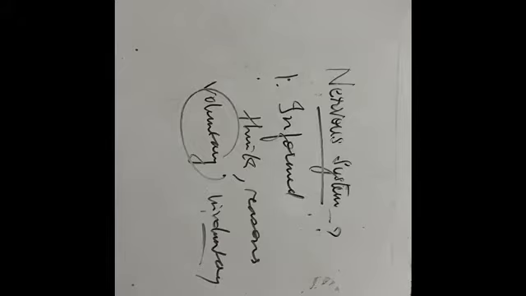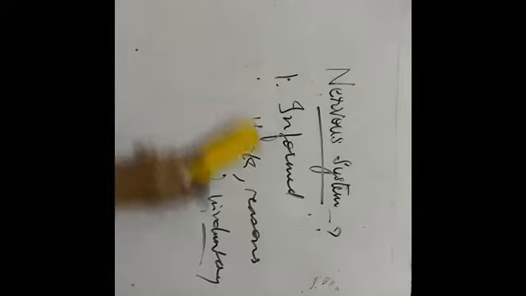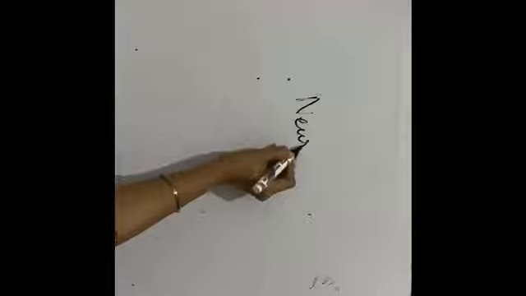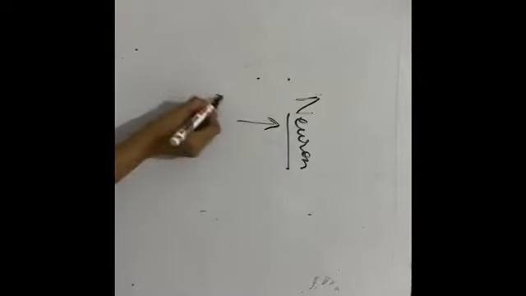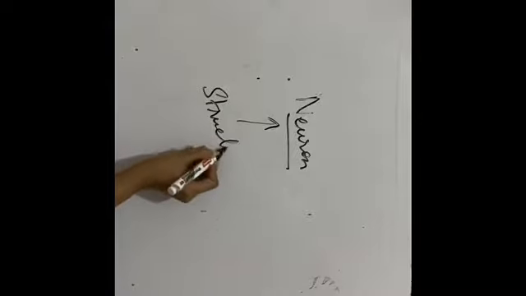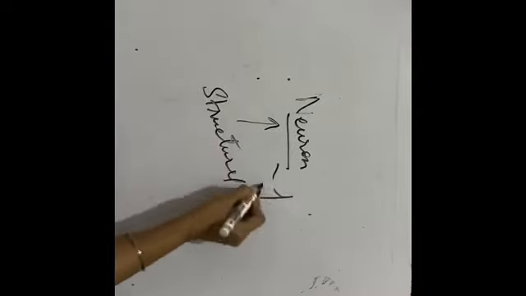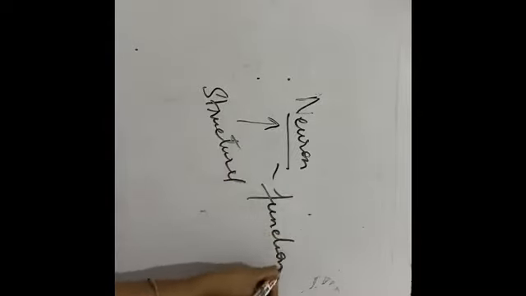So nervous system is fully based on your nerve cell, also known as neuron. Neuron is the structural, means it is forming the nervous system. It is the structural as well as the functional unit of nervous system.